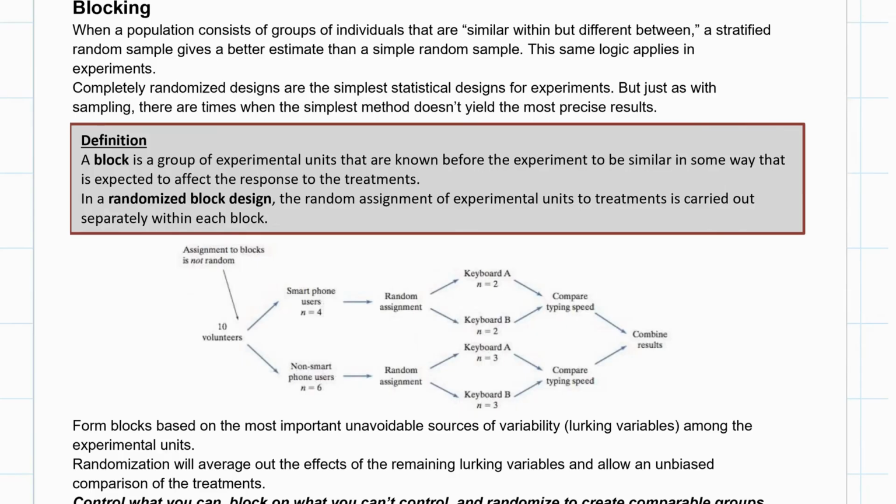So it says a block is a group of experimental units that are known before the experiment to be similar in some way that is expected to affect the response to the treatment.